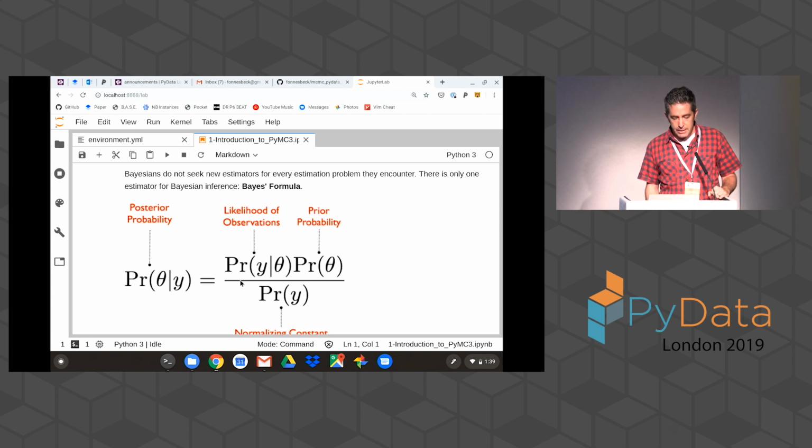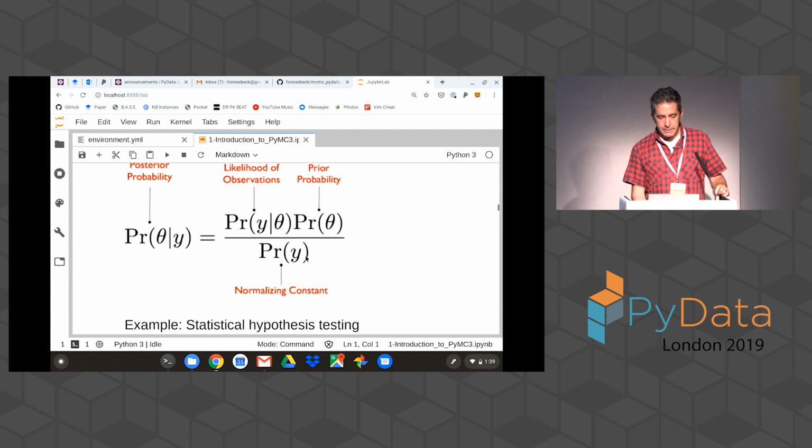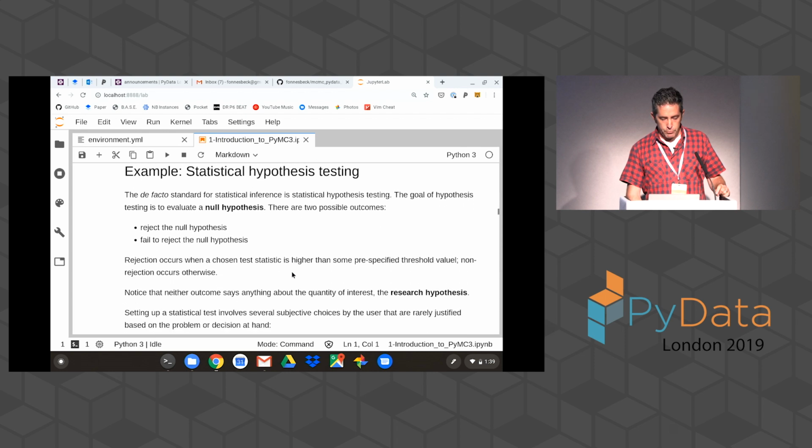And notice this is essentially what frequentists use, right? And some estimate of what we know about the unknowns before we collected the data. We call this a prior. So we have the world before we did our experiment or observed some data. We add data to it, and then we update what we know about those unknowns about theta. And then there's this pesky normalizing constant, which causes all sorts of problems that we'll talk about a little bit more later.